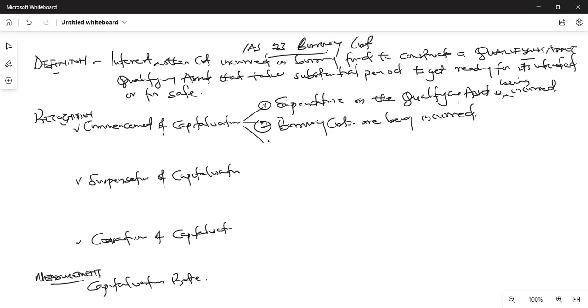The third bit is that work has commenced.